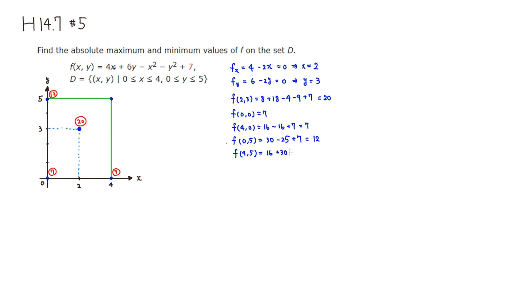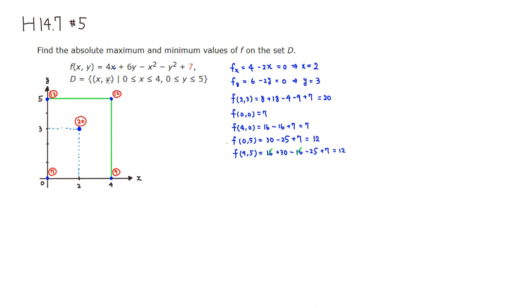Then we minus 4 squared, which is 16, and 5 squared, which is 25, then we add 7. The 16 and the negative 16 cancel out, 30 minus 25 is 5, and 5 plus 7 is 12. So you get 12 there.